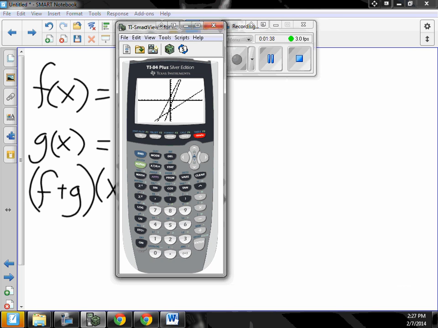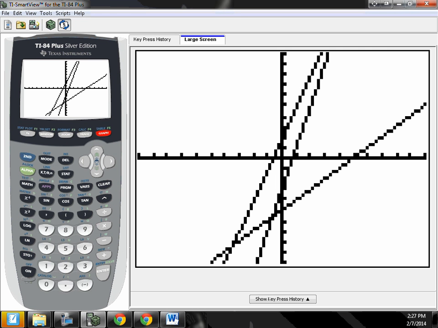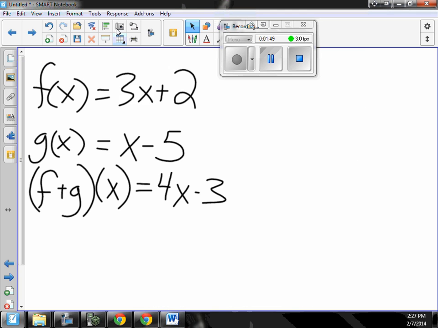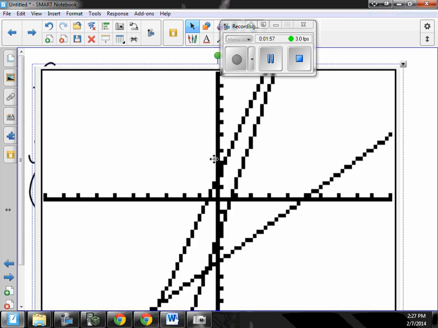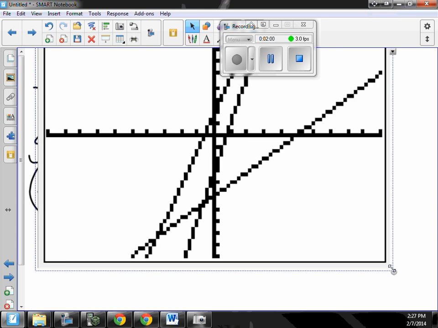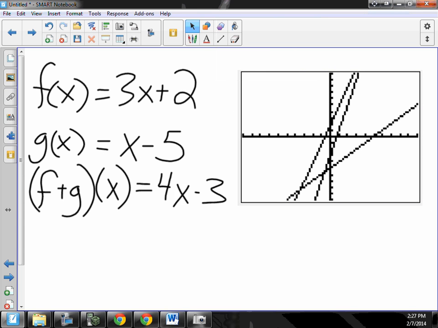And now let's do the little trick that we did yesterday. Let's make that bigger. So let's draw f of x in blue and g of x in green.